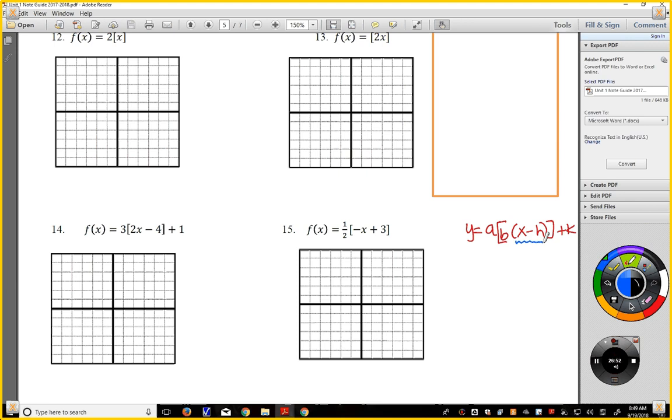Okay? So when I look at this equation here, I'm going to actually rewrite it. 3 is the A value. 2 is the B value, but I don't really know my H value yet. I see the minus 4. That is not necessarily my H value, because I need to separate the B from the x minus h quantity if I want to see the true h value that corresponds with the graph.